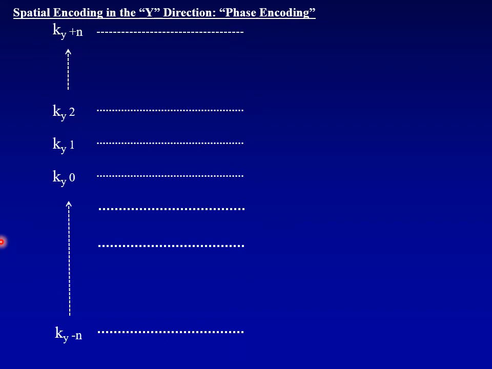The phase encoding process typically fills k-space in a series of lines, starting often with ky equal to minus n, through a series of steps, each step being equal to each increment in the phase encoding gradient, through ky equal to 0, up to ky equal to positive n.